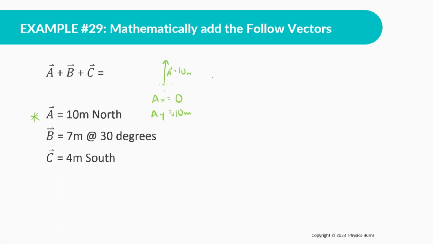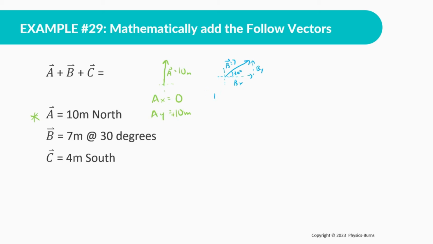All right, B is 7 meters at 30 degrees. Again, this is what makes it a little bit hard. Cross section here, 30 degrees, 7 meters. Oops, sorry. 30 degrees. We have B is equal to 7. And then we need to find what B sub x is equal to and B sub y.